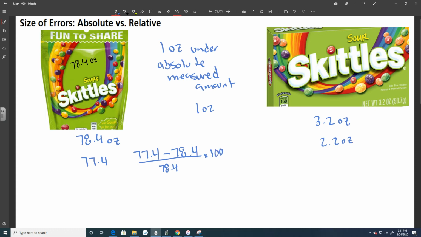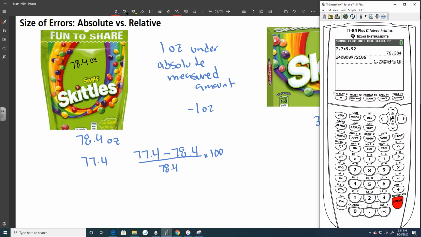Okay, so I'm going to take that 77.4, and I'm going to minus the 78.4. And I guess we should be careful because our absolute measurement is actually -1, because we're 1 short, we're 1 under, so that's a -1. So when I do the math here, 77.4 minus 78.4 is -1.